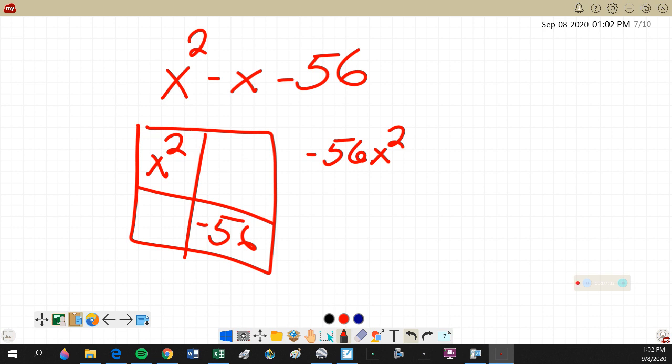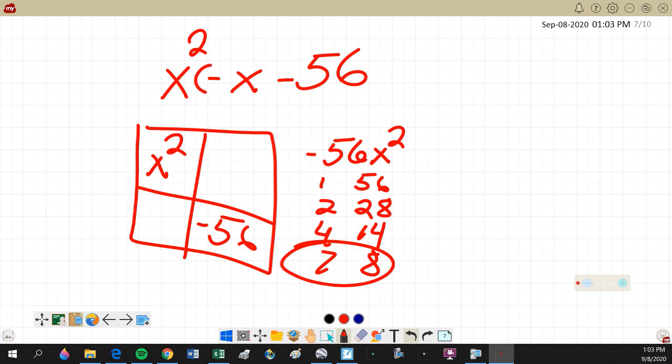negative 56x squared, and the factors are 1 and 56, 2 and 28, 3 doesn't work, 4 and 14, 5 doesn't work, 6 doesn't work, 7 and 8. Can I build a negative 1x with any of those numbers? 7 and 8.